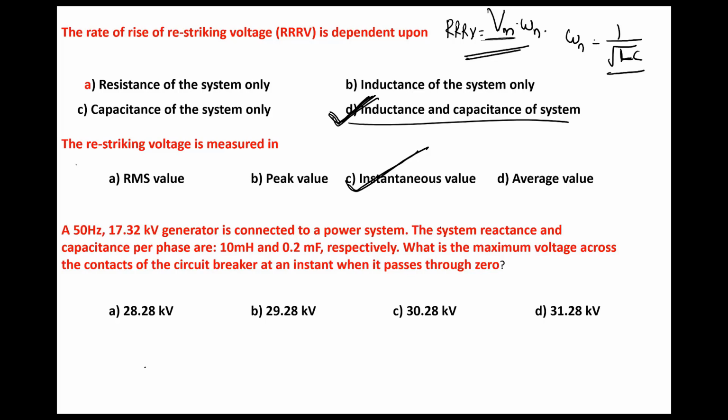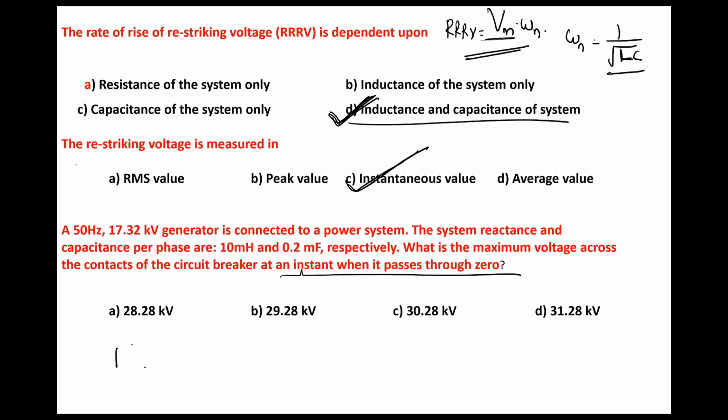So again, here he has given this one. A 50 Hertz 17.32 kV generator is connected to the power system. The system reactance and capacitance per phase are given. What is the maximum voltage across the contacts of the circuit breaker at the instant when the current passes through 0?